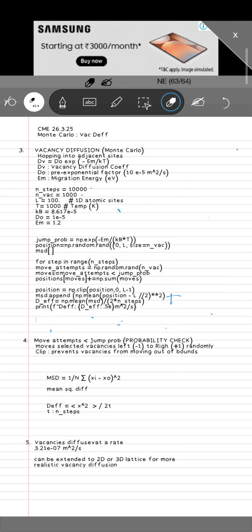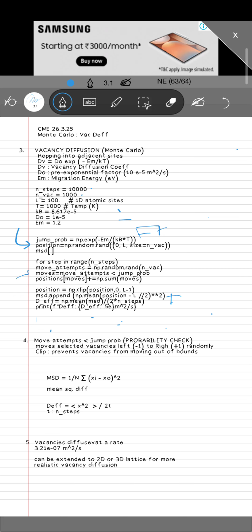So as you can see, now the position of the atom has also been defined by this. By position of the atom, we mean that the atom is starting from a certain position and it moves based upon the vacancy.